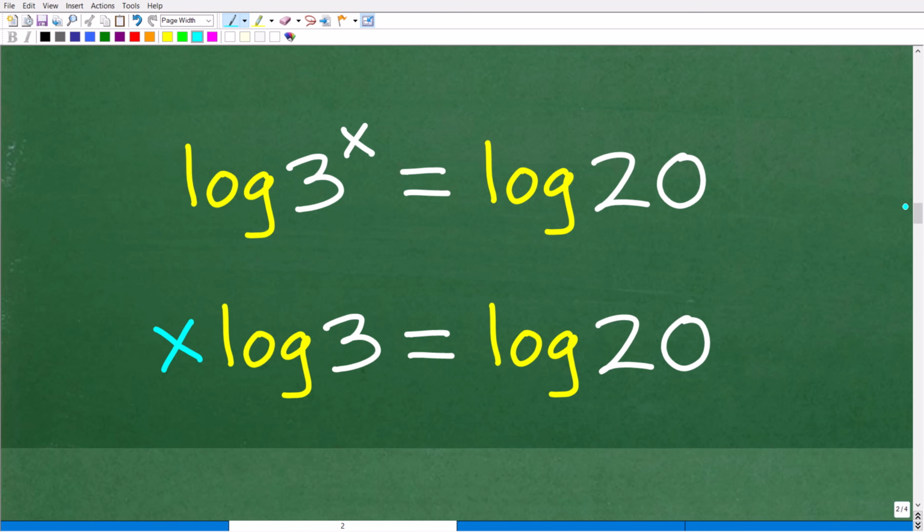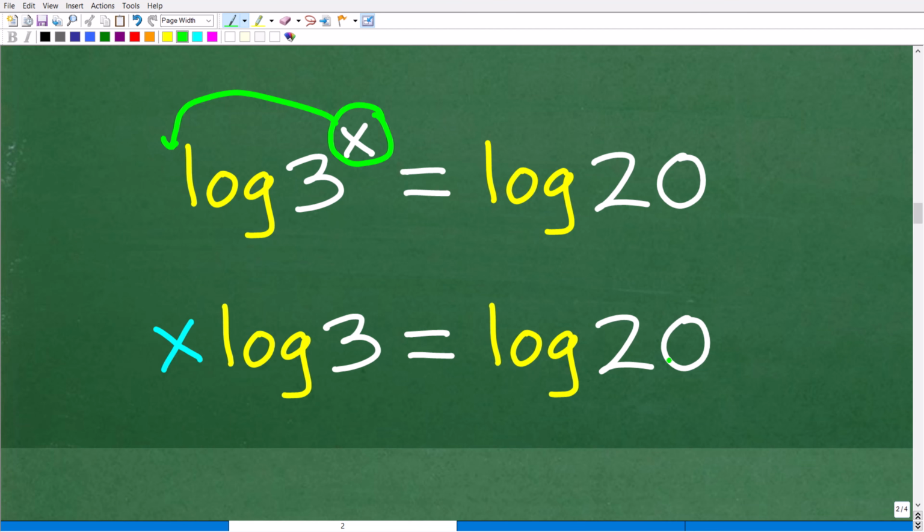One of the best ones, they're all important, of course, is that when you take the logarithm of a power, like this exponent up here, you can actually drop this exponent in front of the log. So when I took log of 3 to the x, I can take this exponent x and put it right in front of the log. So now this is x log 3 is equal to log 20.